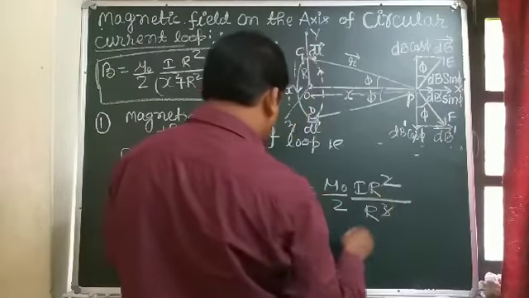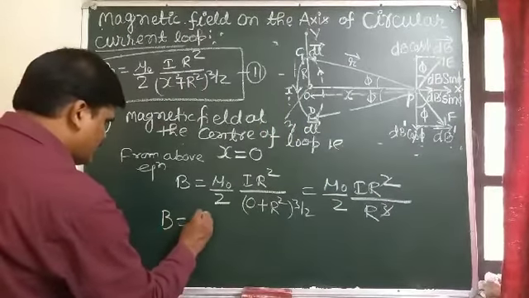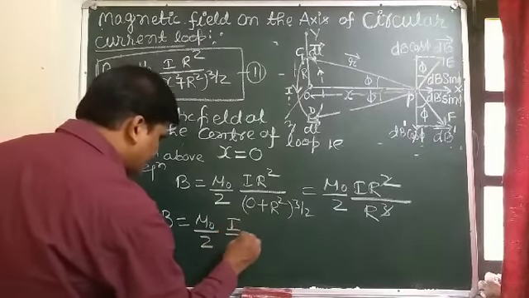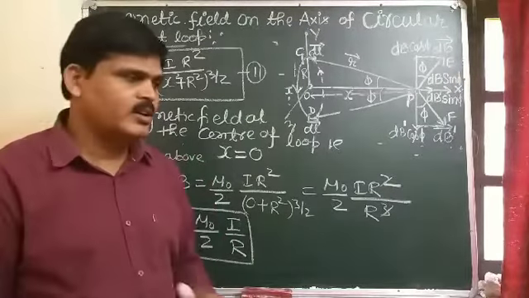So cancelling, B comes out to be mu naught by 2 I by r, and this is the magnetic field at the center of the circular current loop.